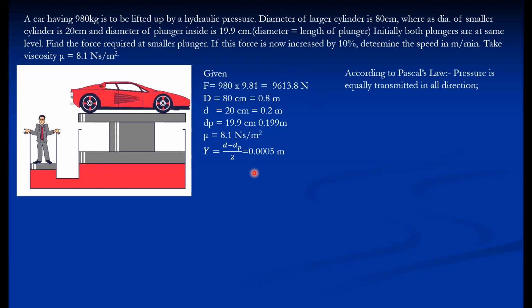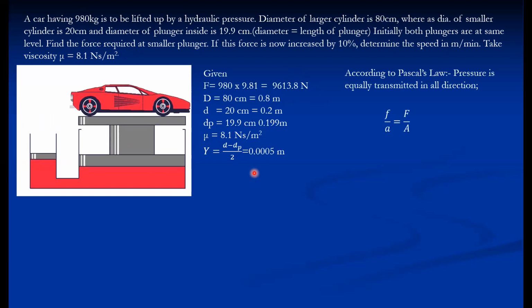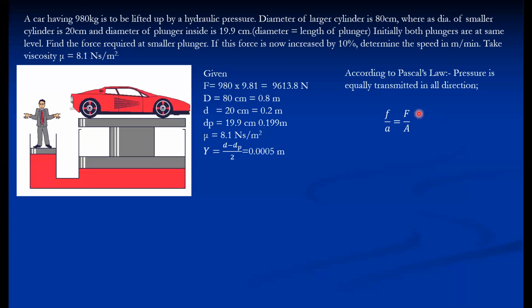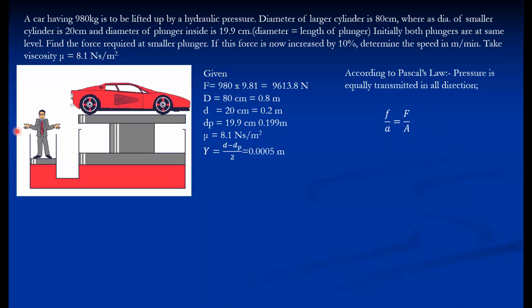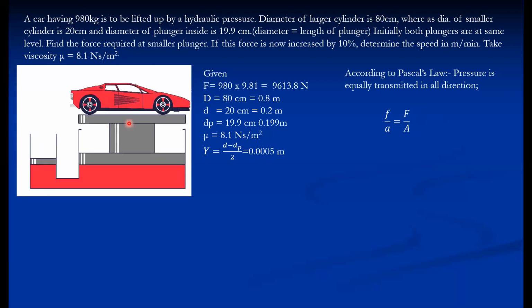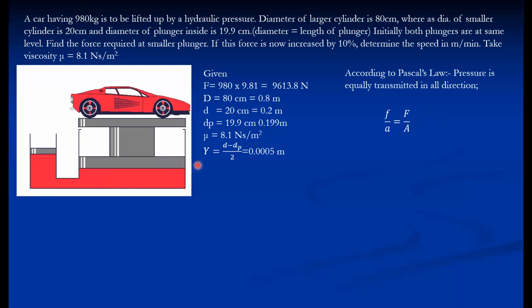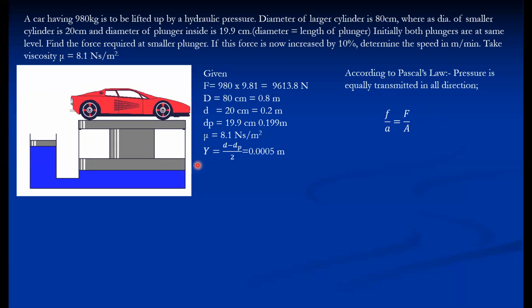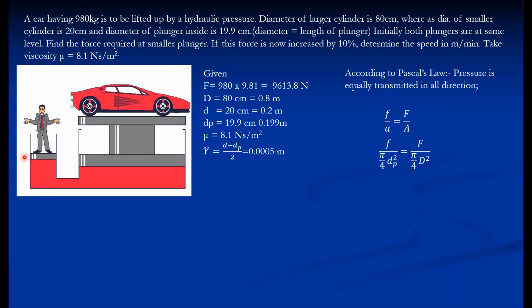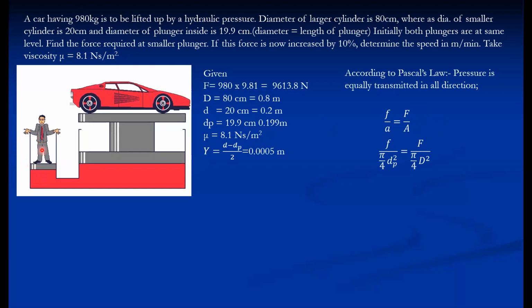Now, according to Pascal's law, the pressure is equally transmitted in all directions. In this case, both are at the same level. So small f by A is equal to capital F by A. Obviously, the pressure acting here is small f by A, and the pressure acting here is capital F by A. In this case, the area of the piston is considered because the piston applies the pressure.